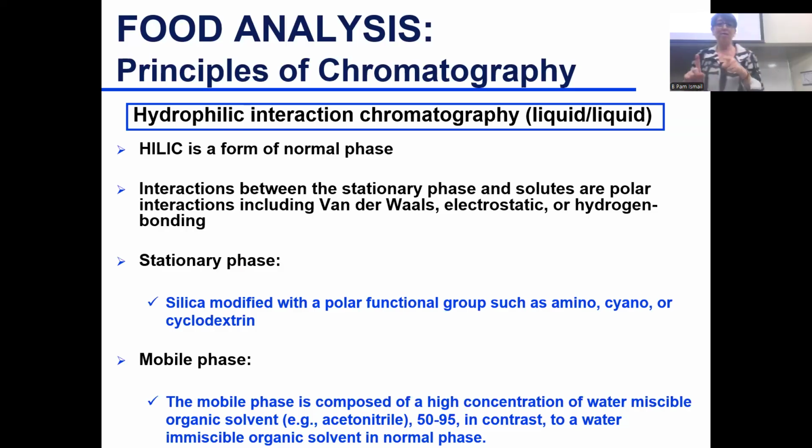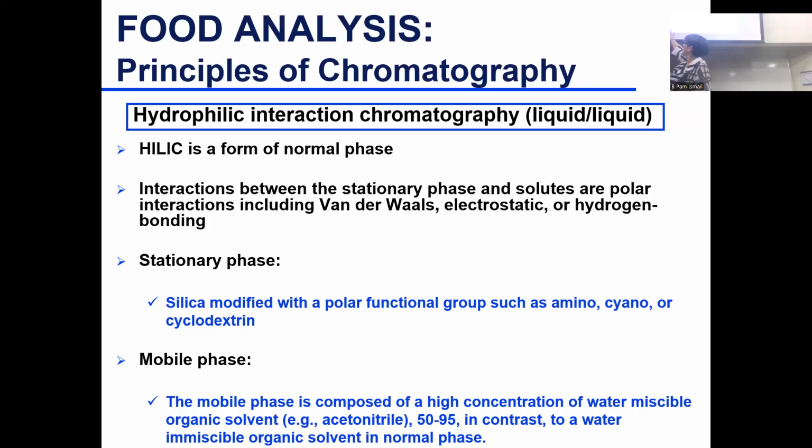Now, the mobile phase in this case is not hexane, not immiscible with water. It is actually miscible with water, like acetonitrile. You can mix it with water, and usually it's 50 to 95% acetonitrile in contrast to water. So that's the difference between normal phase and hydrophilic interaction: the mobile phase.